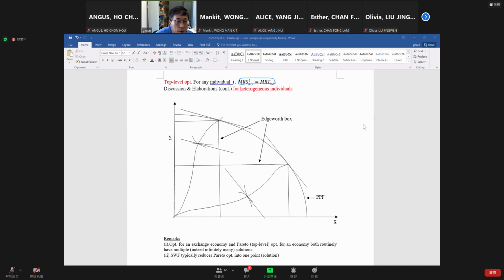And if we organize our social production at this point, we can also discuss what may happen in exchange for this given plan for social production. Then again, we collect all such exchange optimal points together. In general, we have only one point, which is the global optimal or top level.